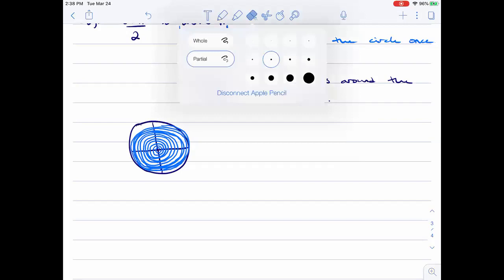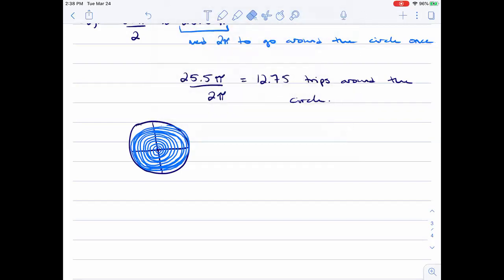Time to only partially erase. Not that it matters terribly, but here, that was 12 trips around.